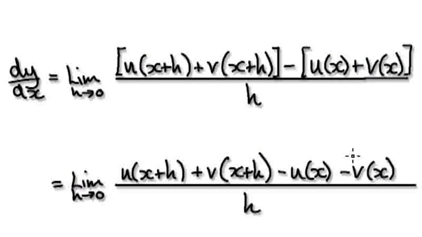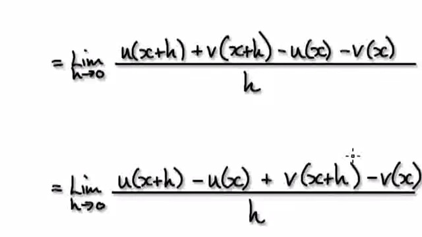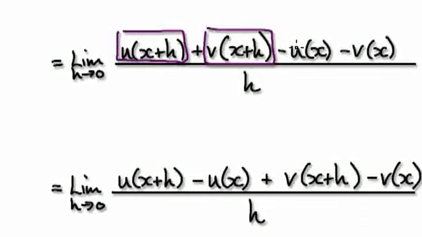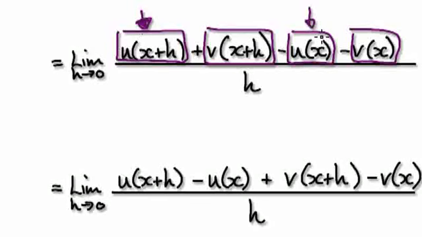So at the moment, you've got one block here plus another block here, and then take away this block, take away this block here. So let's move. You see this here is a u. This here is u, and this is a u.